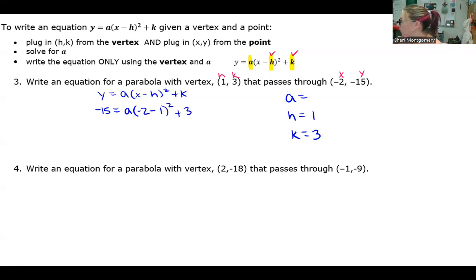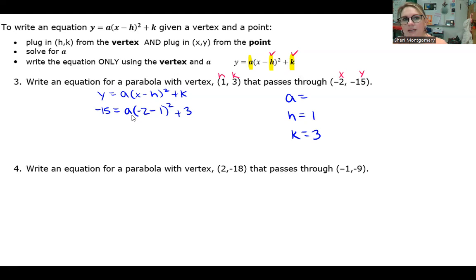I just plugged in all the letters, and I don't have an A. I'm solving for it. The nice thing about solving for it is you're not doing any high-level math here. All you're doing is evaluating. Did you have a question, Nina? No. Okay.